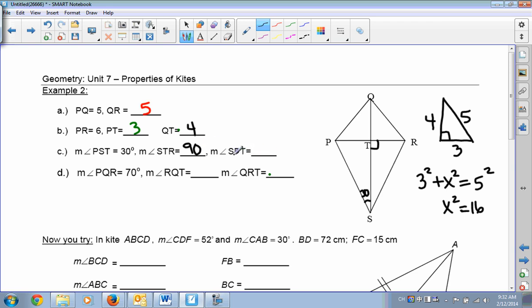What's the measure of SPT? Okay, so it wants this angle here. How are we going to find that angle? So we know this is 30. If this is 90, then that's 90. So now we have this right triangle here. We have a 30, 90, and what does that one have to be? 60. Because it has to add to 180.